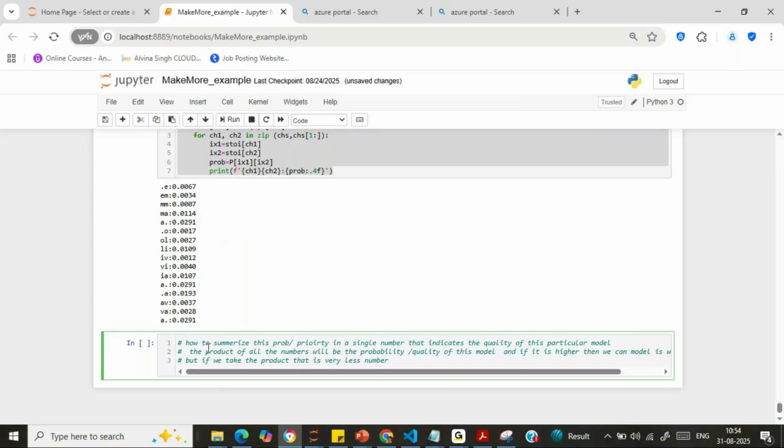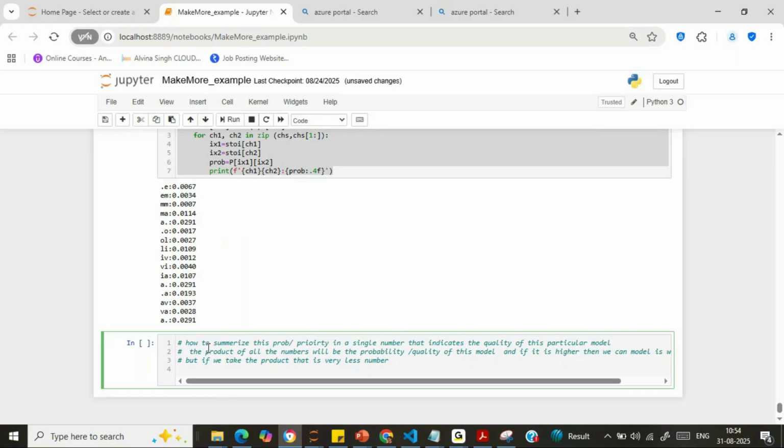If we take the product that is a very small number, so what we will do is take the log of this, that is the log likelihood.